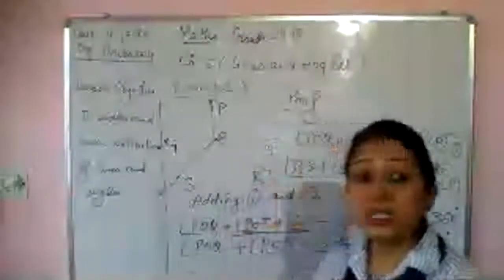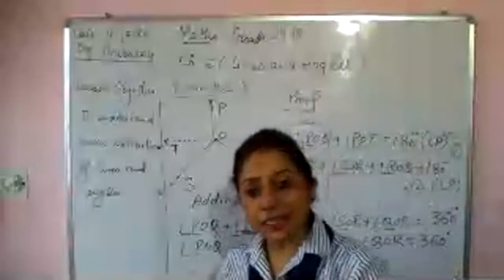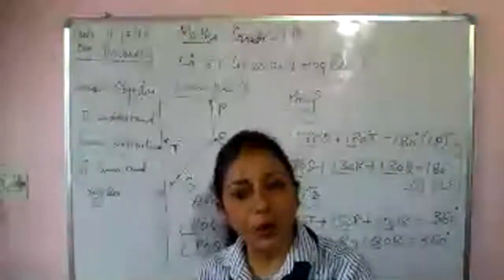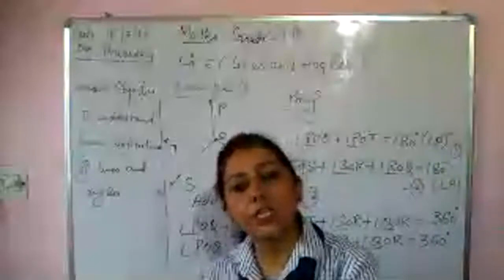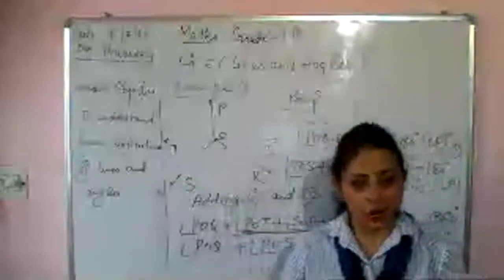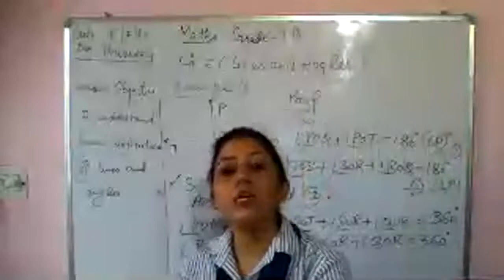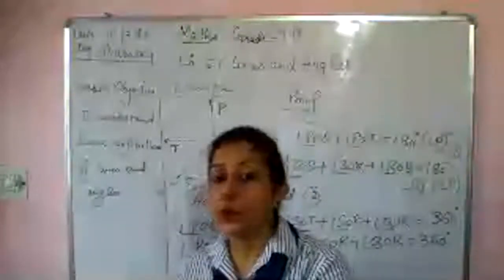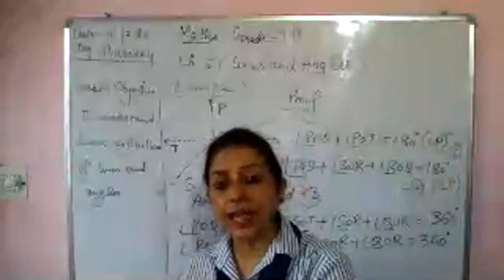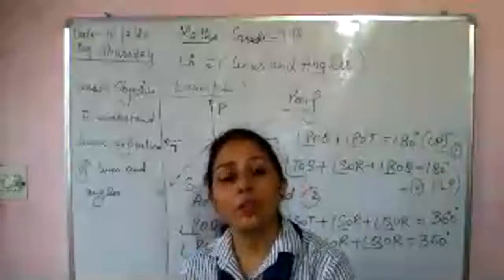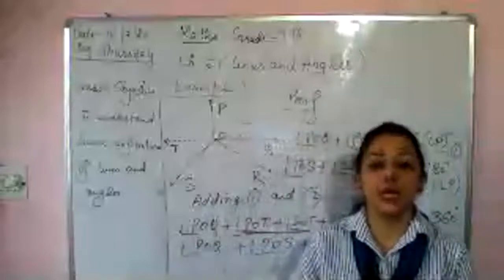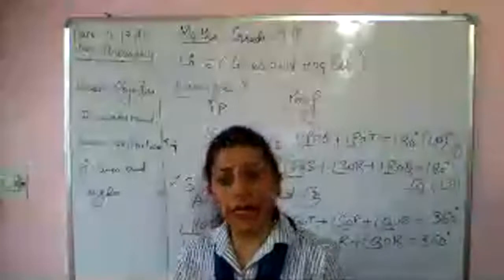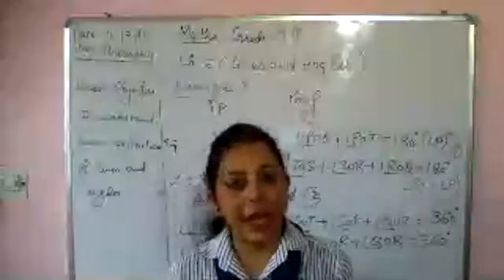Okay. So first we will start from lines and angles. A line segment has 2 endpoints, a ray has 1 endpoint. So what are collinear points? 3 or more points, if they are on the straight line, they are called collinear points. And what are non-collinear points? If the points are not on the straight line. And I told you earlier also, with non-collinear points we are making figures like triangle, quadrilateral, pentagon, hexagon.